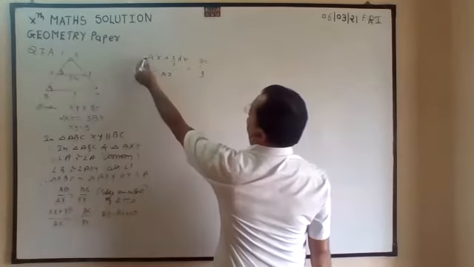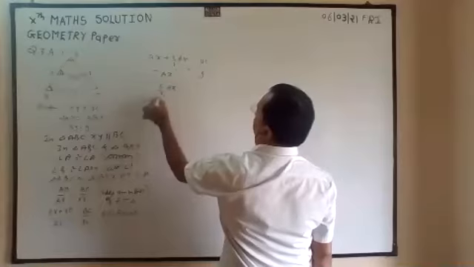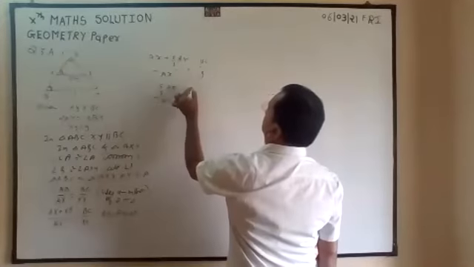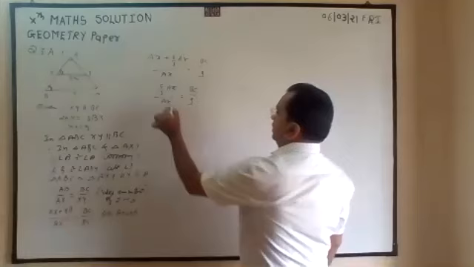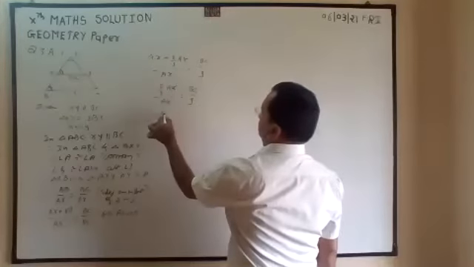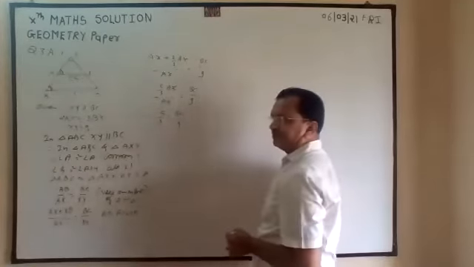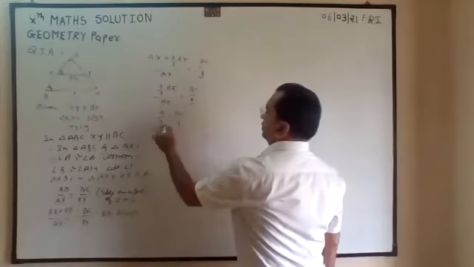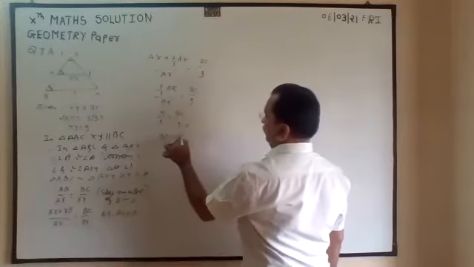So 3 ones are 3 plus 2, 5 by 3, AX divided by AX is equal to BC by 9. AX cancel, so 5 by 3 is equal to BC by 9. Here also you can cut, 3 3s are 9, 5 3s are 15. BC is equal to 15.